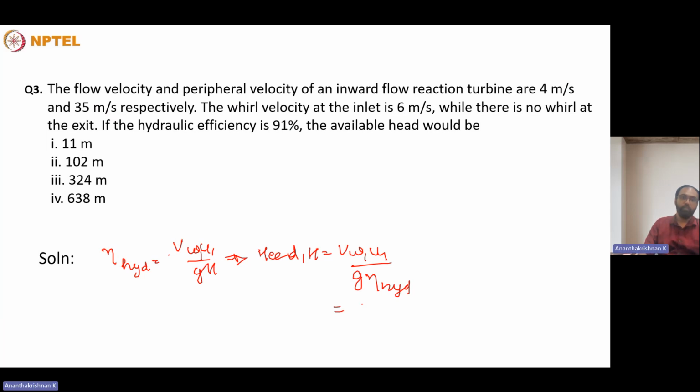So in this particular problem, the whirl velocity at the inlet is given as 6, and the peripheral velocity is given as 35 meter per second. g is 9.81 into 0.91. Check how much is coming.